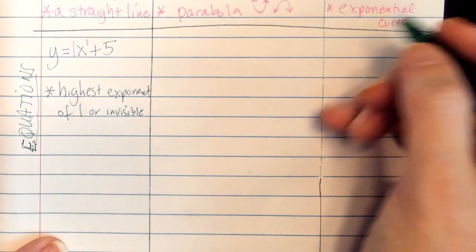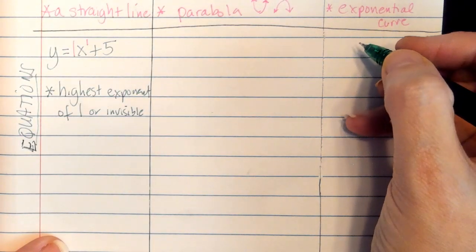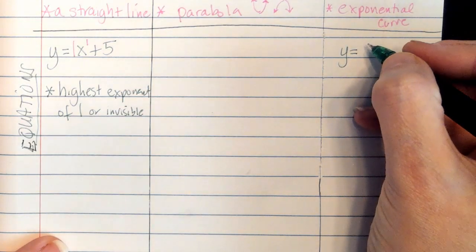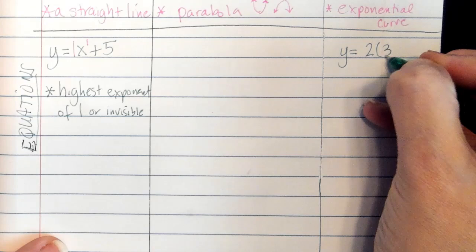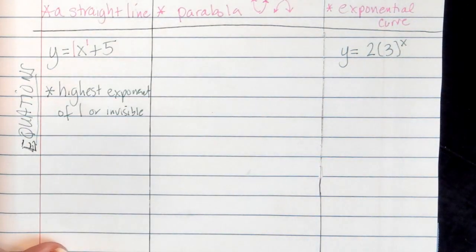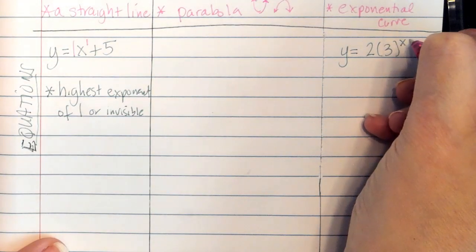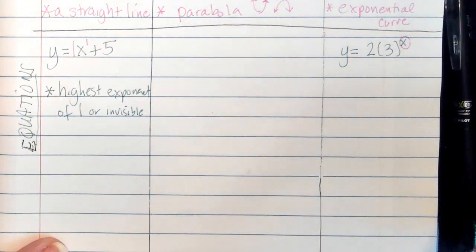Now, again, if we jump over here to the one that we know, which is exponential, I have y equals, let's say 2 times 3 to the x. Now for this one, we notice that x is our exponent. X is our exponent up there.